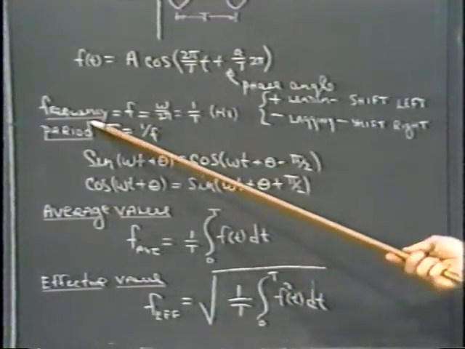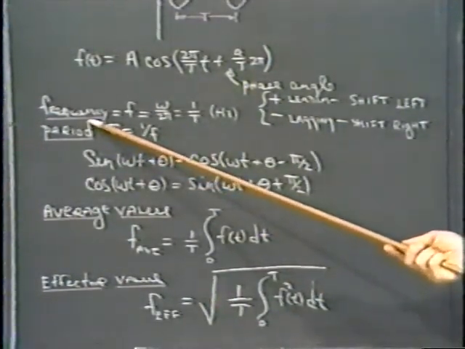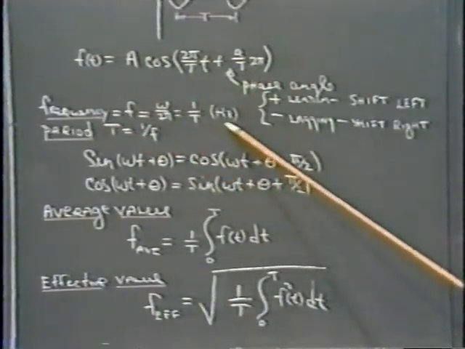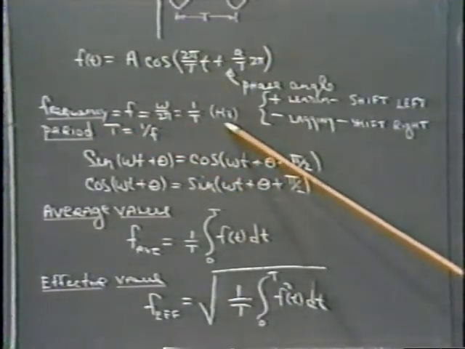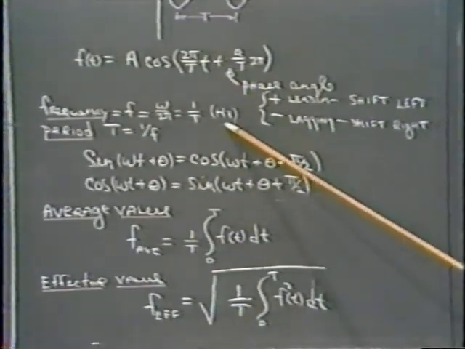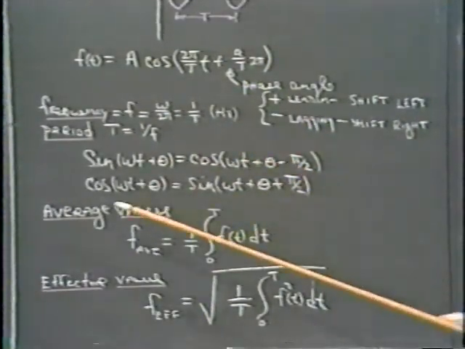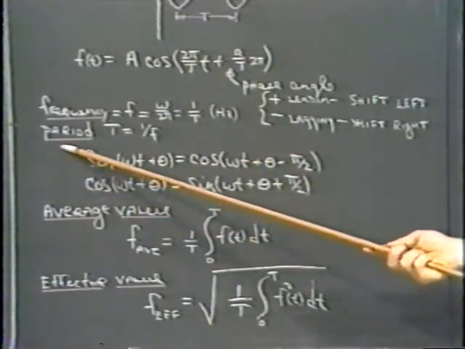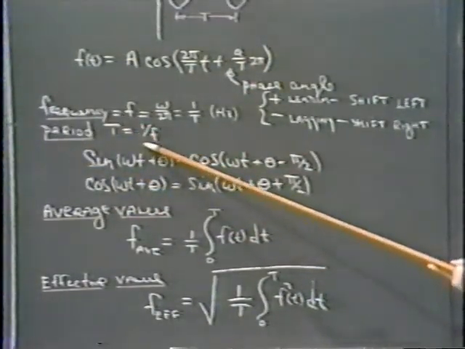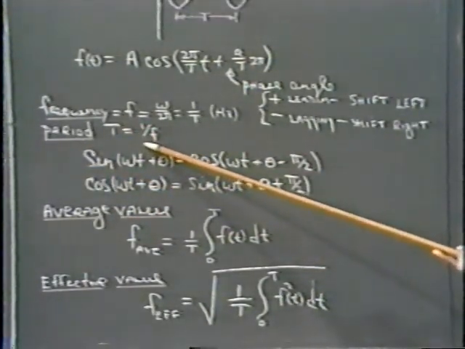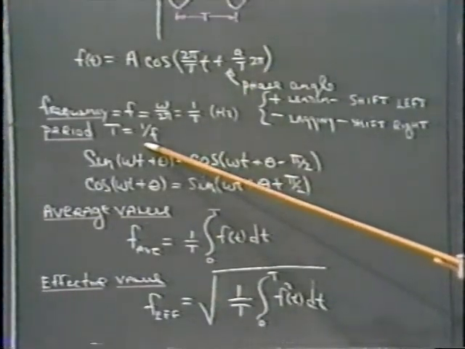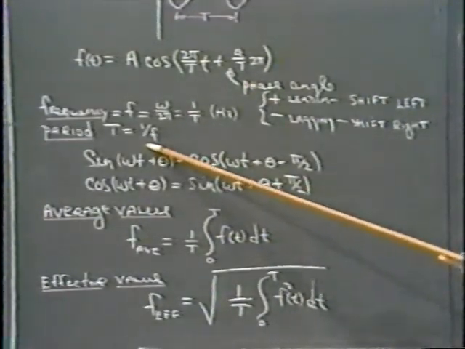Closely associated with these ideas are the ideas of frequency, which is 1 over the period of the waveform, and we measure frequency in hertz, or cycles per second. And period itself can be expressed as 1 over the frequency. There's an inverse relationship between the period of the waveform and the frequency of the waveform.